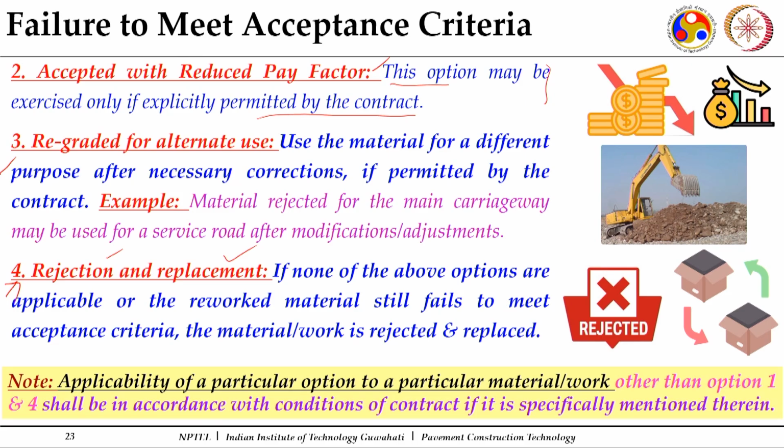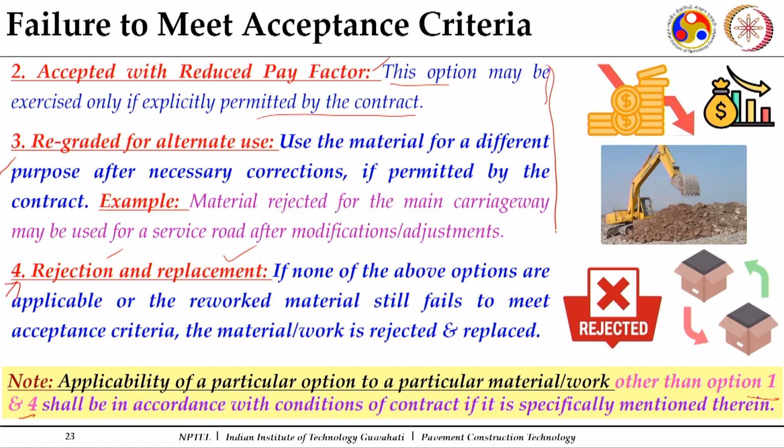Now, as I mentioned, the applicability of a particular option to a particular material or work differs. Usually for subgrade and granular courses, that is the one common exercise worked out. But other than option 1 and 4, where 4 is a complete rejection, you are not accepting that particular course, it has to be removed.